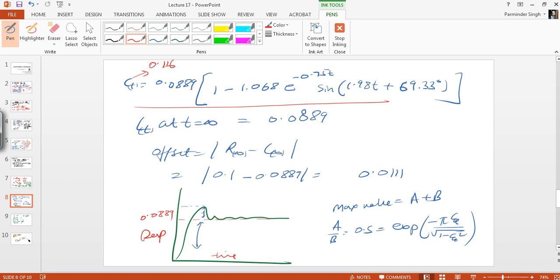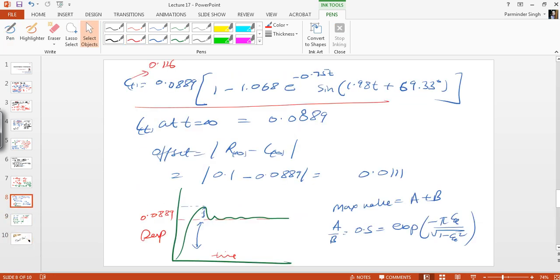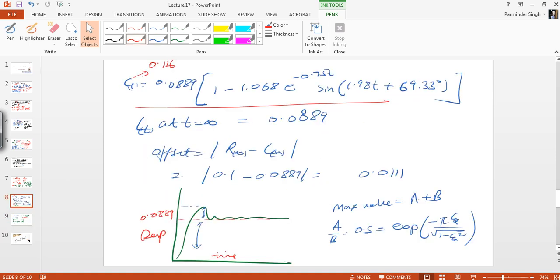From there you can calculate the time of the maximum value. Clear? So upon iterating, t comes out to be 1.6 seconds. So the maximum value is 0.116, and it will occur at t equal to 1.6.